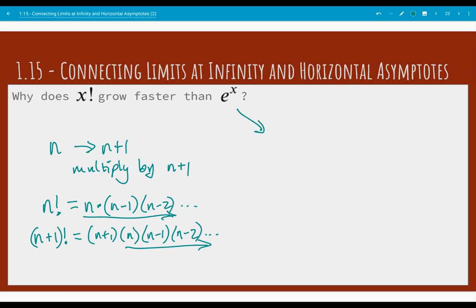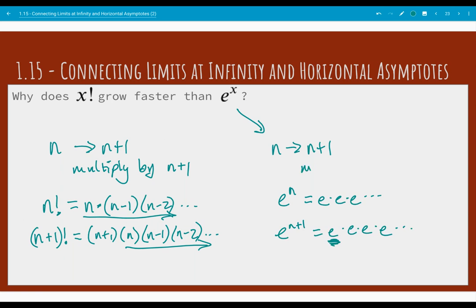All right, with the e to the x function, if we go from n to n plus 1, well, e to the n is e times e times e, n times, and e to the n plus 1 is e times e times e, n plus 1 times. So essentially the difference here is that we have one more e in there.